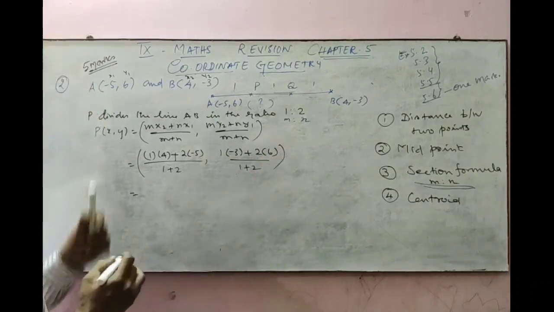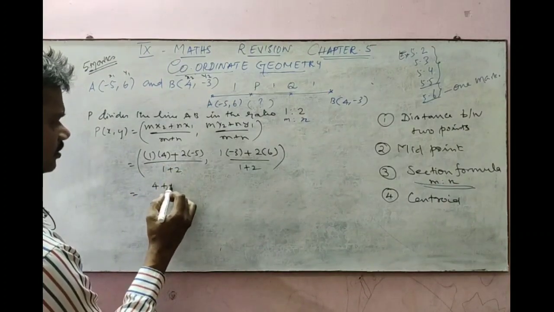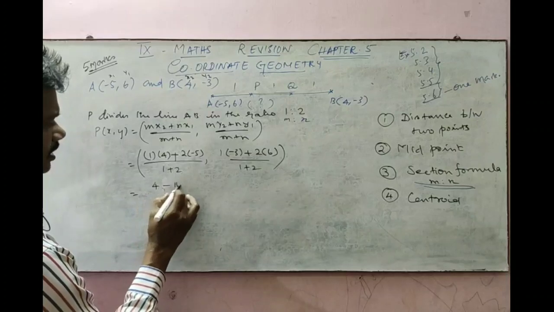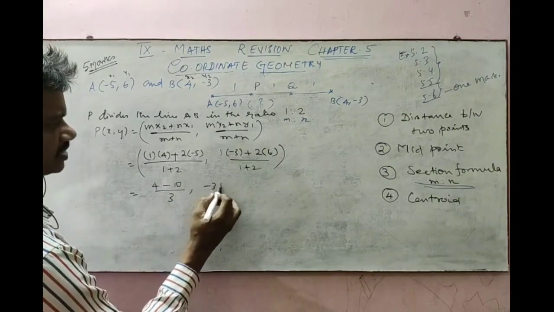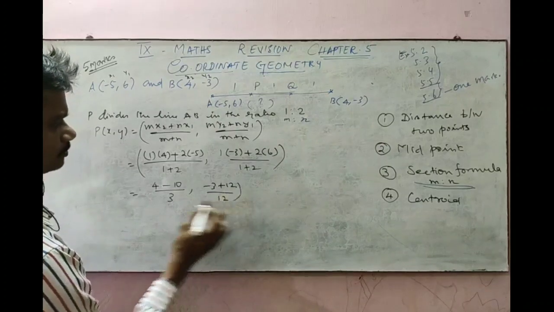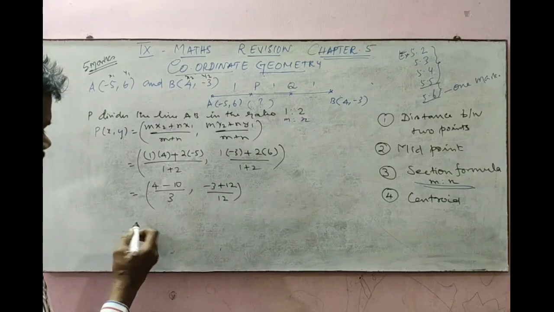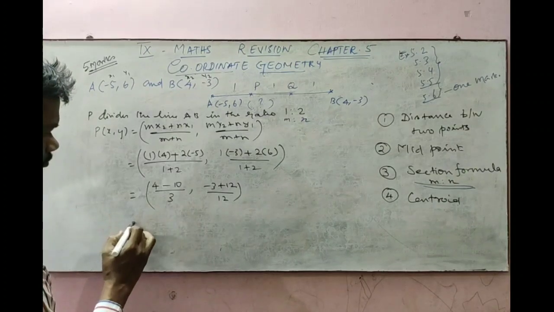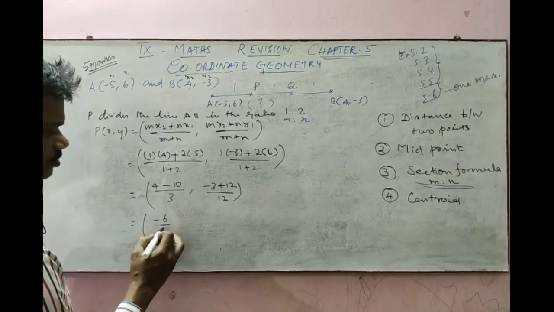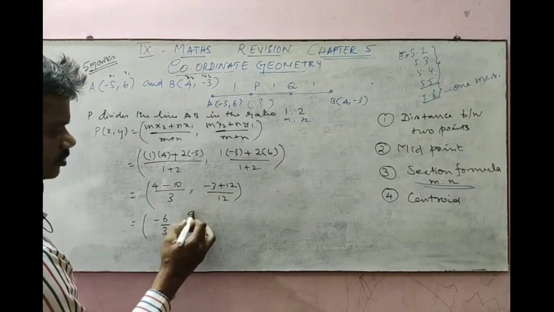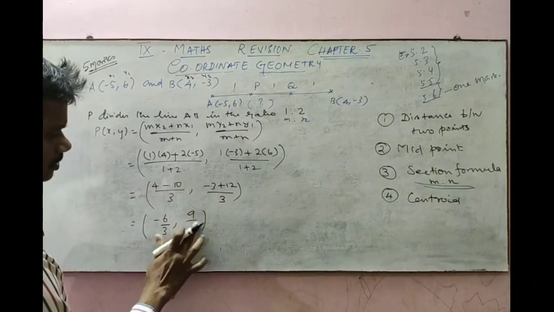If you simplify, you will get the coordinates of P. 4 into 1 gives 4, 2 into minus 5 gives minus 10. So you can write (4 minus 10) by 3, comma, (minus 3 plus 12) by 3. If you subtract 4 minus 10, you will get minus 6 by 3. 12 minus 3 gives 9 by, sorry, 3. 9 by 3.